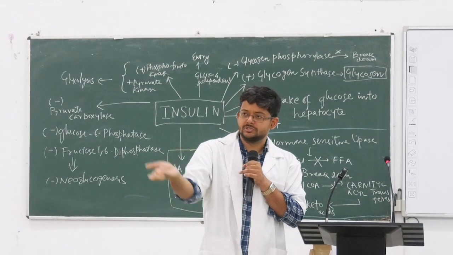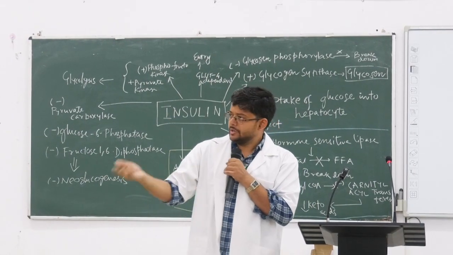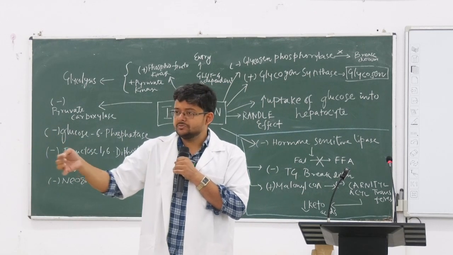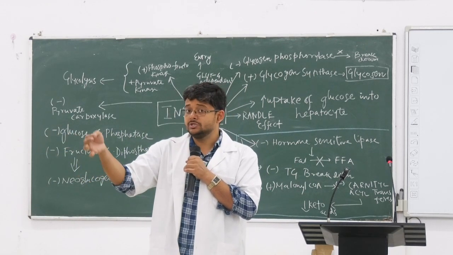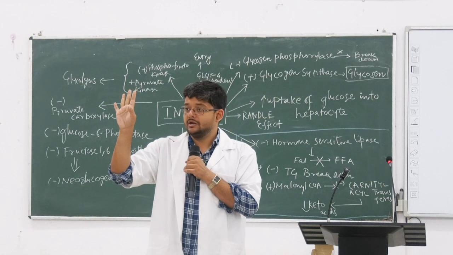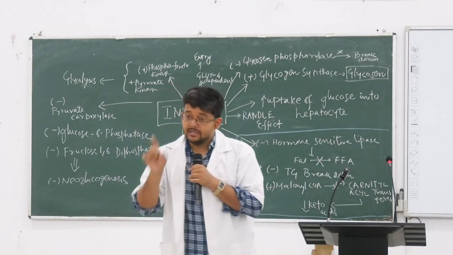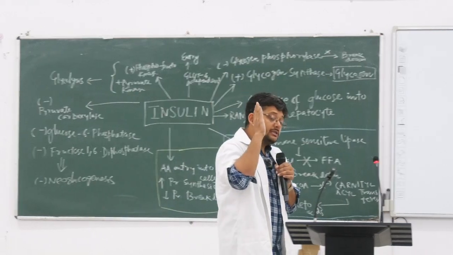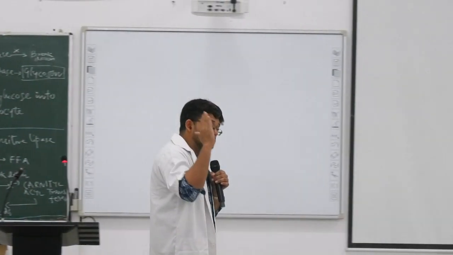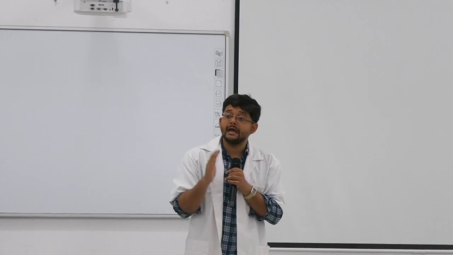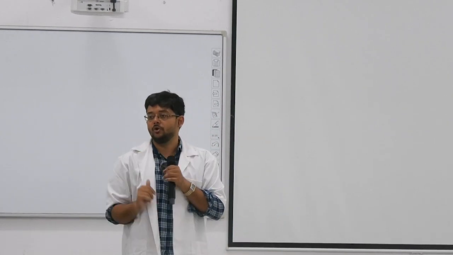Hyperglycemia means glucose high in blood. Whenever that is happening, glucose moves into the hepatocyte through an insulin independent transporter. Then why have I kept this in insulin's function? The reason is that glucose transport into the hepatocyte happens due to the gradient of glucose.